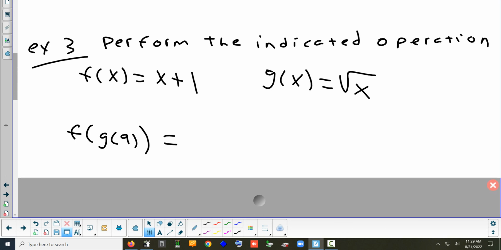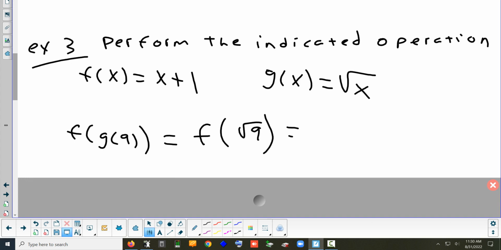Okay, let's just try something with a number first. So this is even easier. You're not even plugging in a formula. You're plugging a number into the inside function, getting the answer, and then plugging it into the outside function. If I wanted to do this one, start with the inside, g of 9. So in the g formula, replace the variable with 9.